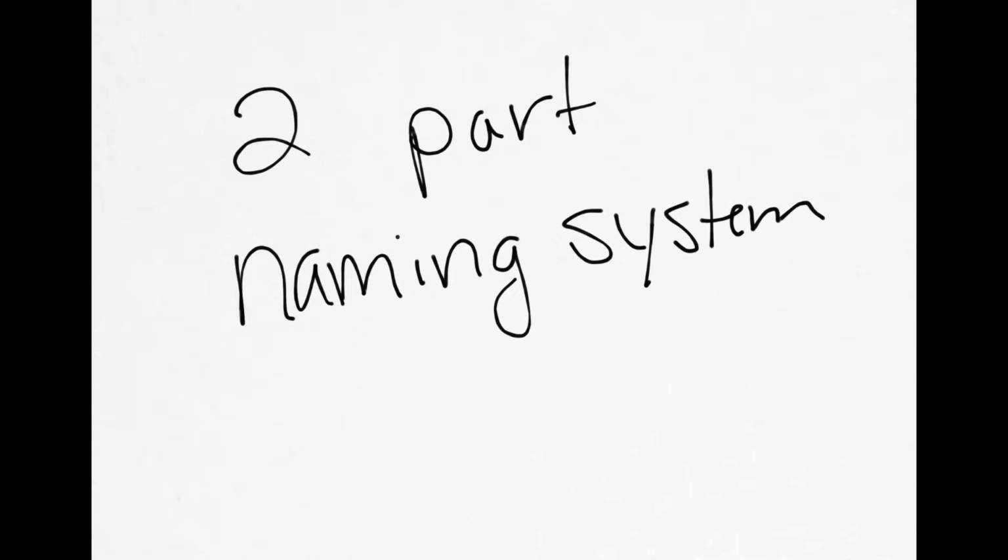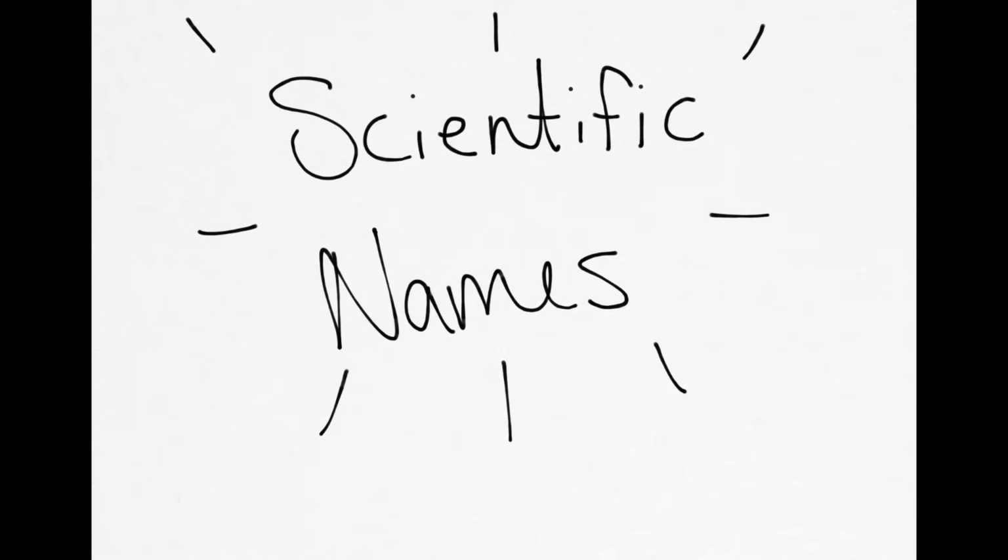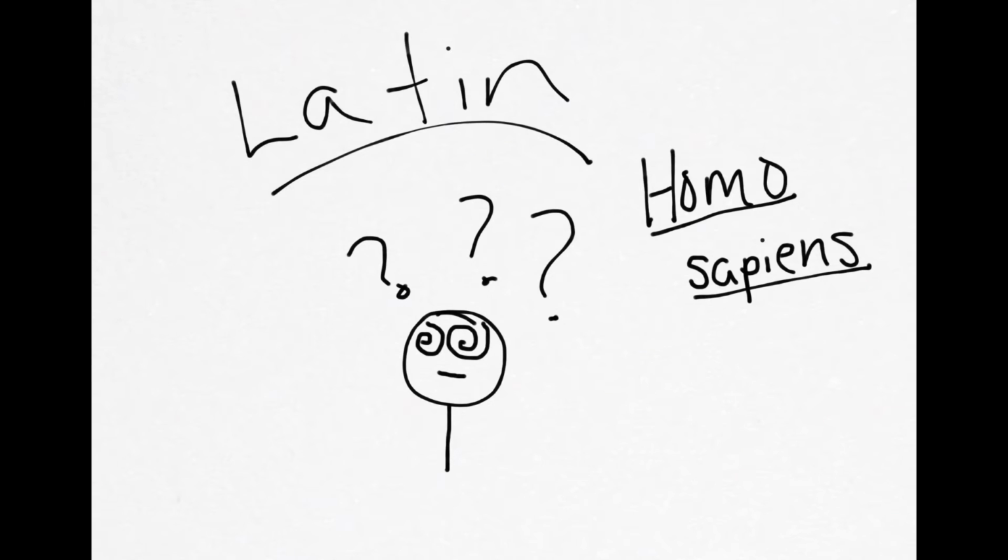When we look at scientific names, aka the binomial nomenclature, for us average folk, we tend to refer to them as scientific names instead of using binomial nomenclature. They are indeed in a different language. When we look at the scientific name for humans, Homo sapiens, that is a different language, and that language is Latin.